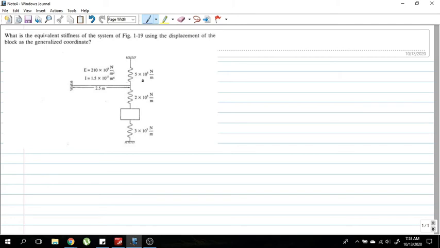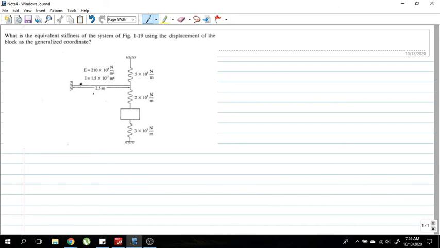So how to find the stiffness of the beam? As you can see, this beam is a cantilever beam where one end is fixed, and a concentrated load is acting on the free end, right?